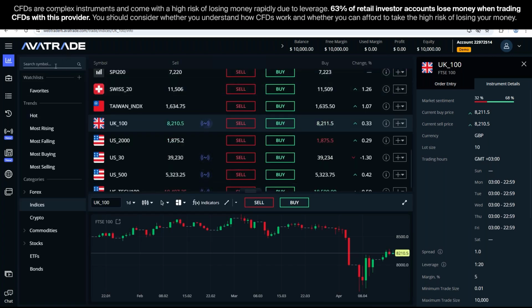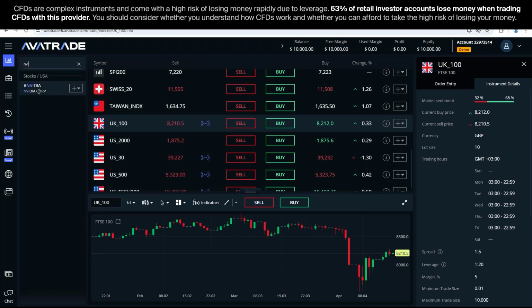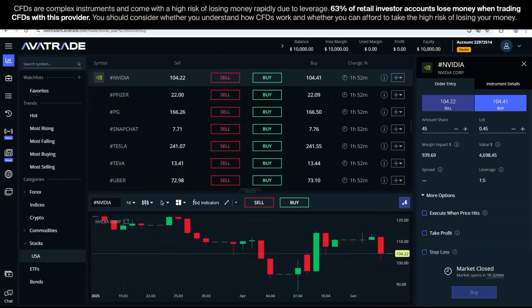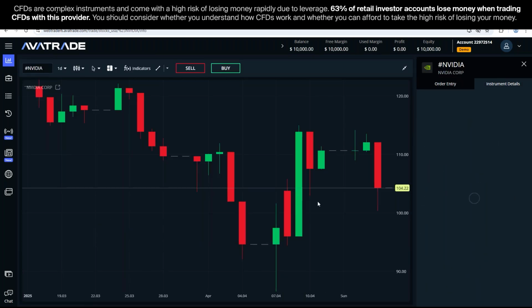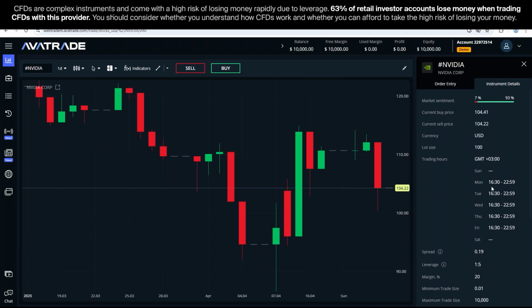Now, if we look at something else like NVIDIA as an example, that's 4:30 to 11, again GMT plus 3.